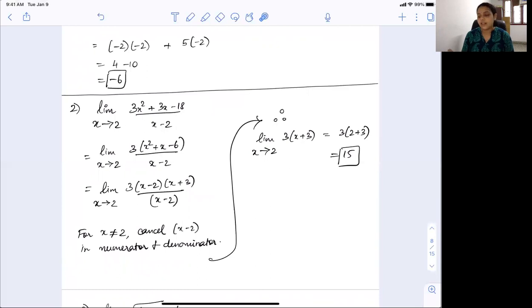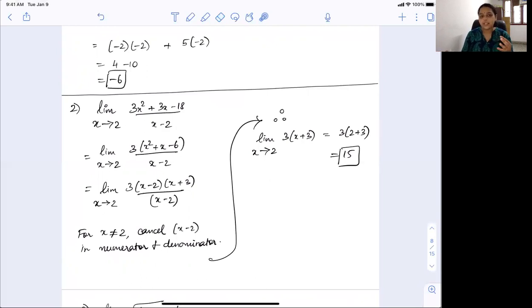We factorize. If I rewrite the numerator in this manner, x squared plus x minus 6 can be factorized into x minus 2 times x plus 3. Now, for all values of x not equal to 2, I can go ahead and cancel these two terms.